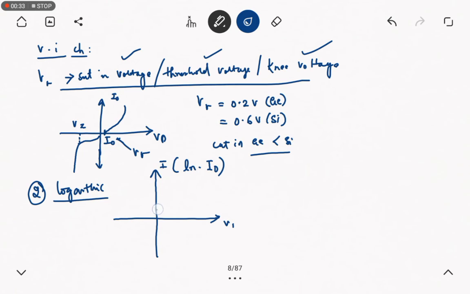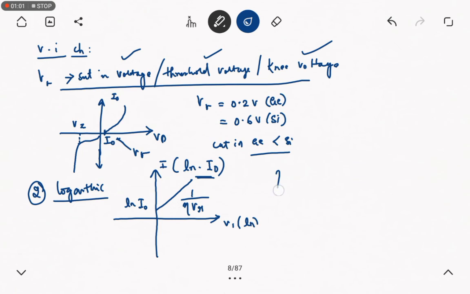This is an exponentially increasing graph, that is 1 divided by eta into VR. This is resistance. Logarithmic I0 and logarithmic ID. We are taking logarithm on both sides, for current as well as for voltage.